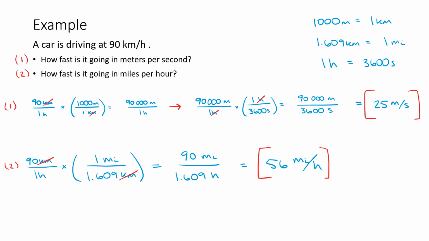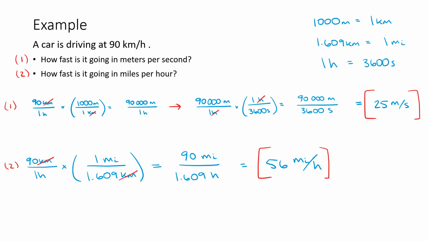I just want to do the next one right away, so I don't take too much time if people already understand this. Move this over. Next up, we have hours. We need to turn into seconds, so I want to cancel this unit out.